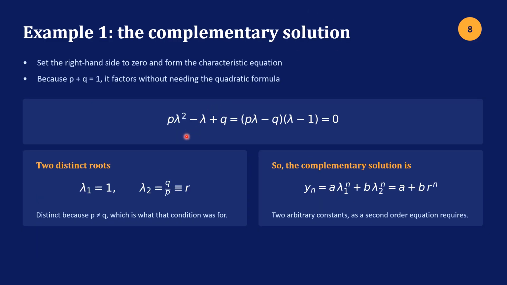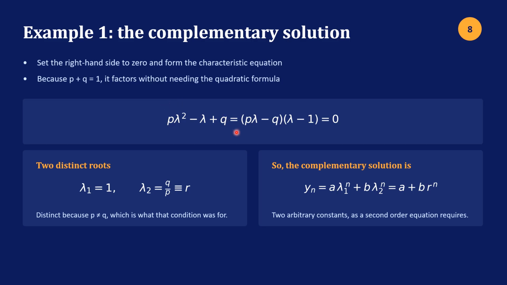So we solve the homogeneous part of the problem first, the complementary solution as it's known. When we put in lambda to the n for x sub n, lambda to the n plus 1 for x sub n plus 1, and lambda to the n plus 2 for x sub n plus 2, and then factor out lambda to the n, we get this here.